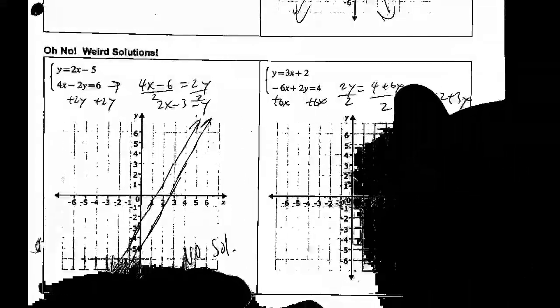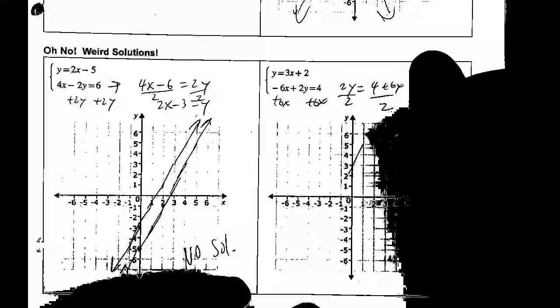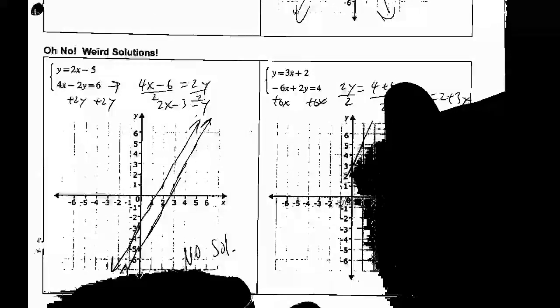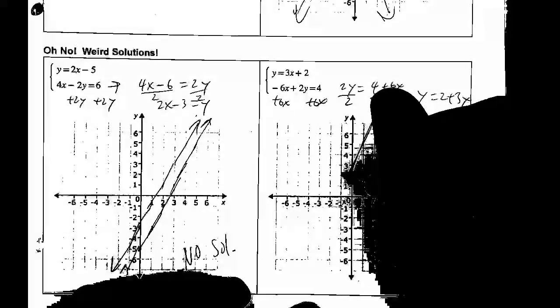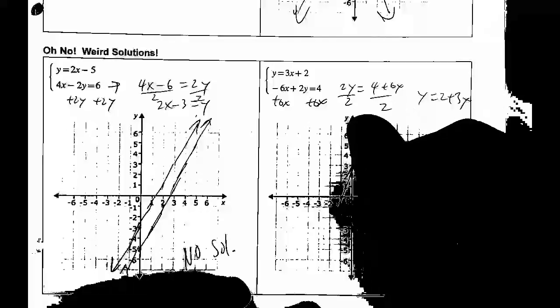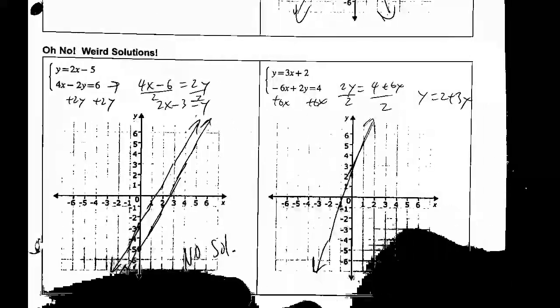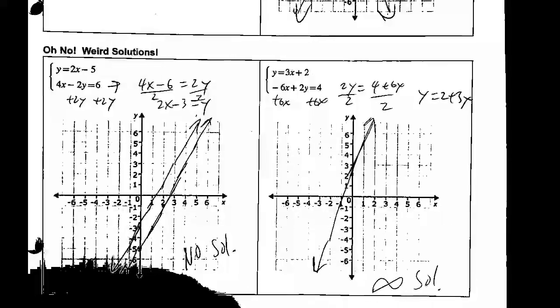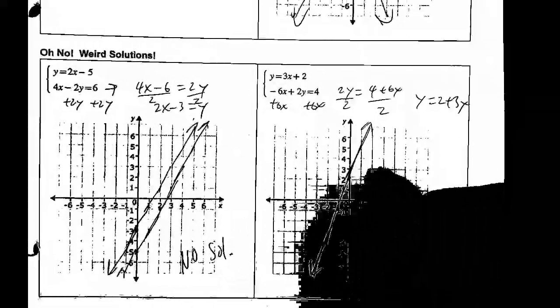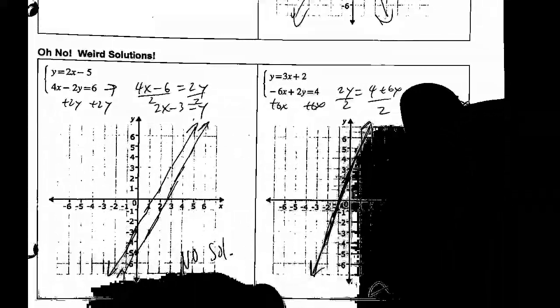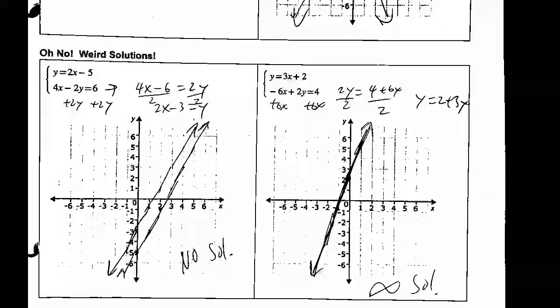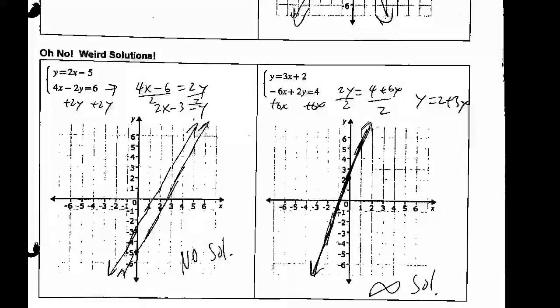So this one has infinite solutions, right? Because they're like on top of each other, if that makes sense. So wherever you go, they're going to be intersecting. No matter what you plug in for x, they're always the same, okay?